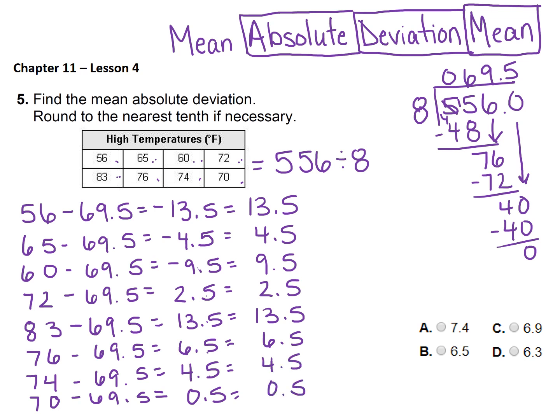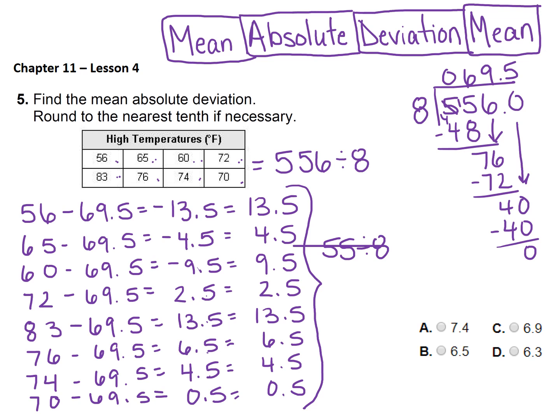And last but not least, we're going to find the mean one more time. When we add up all of the absolute deviations, we get 55, and we have to divide that by 8, which equals 6.875.